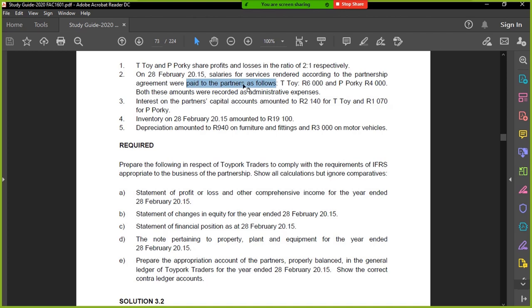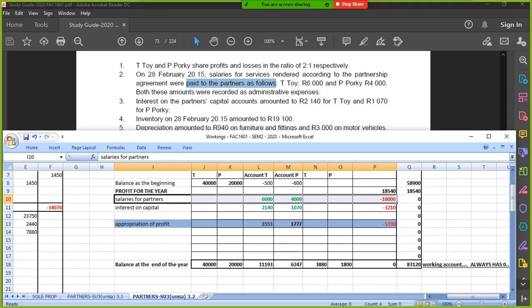Okay, so see that is the confirmation. That tells me that I've paid the partners. So how do you pay partners? You credit the bank and you debit the drawings. Okay, so the 10,000 needs to be accounted for here as a payment. Paid salaries as drawings.